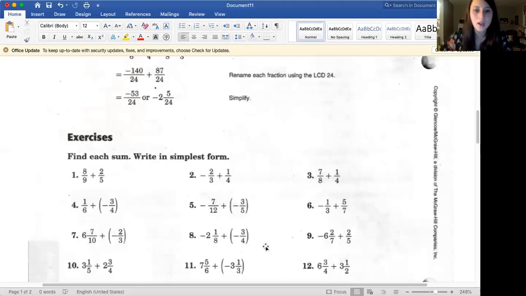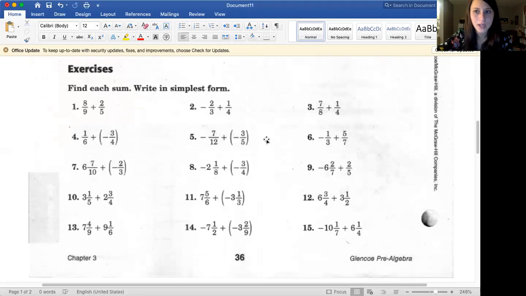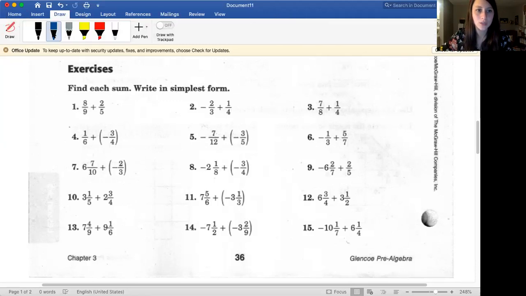So looking at your study guide, I think we have a few problems here. However, because there's not a lot of room on the study guide, I think I'm going to do these problems on the whiteboard, my little whiteboard feature that I have. But I would like for you to do some of these with me as well.